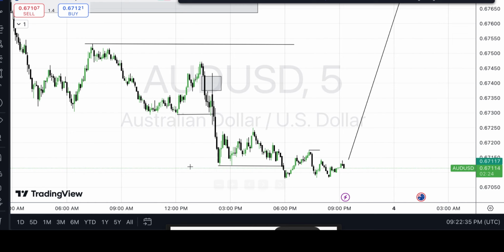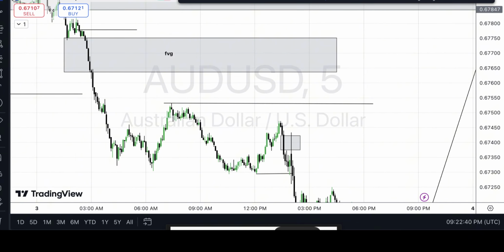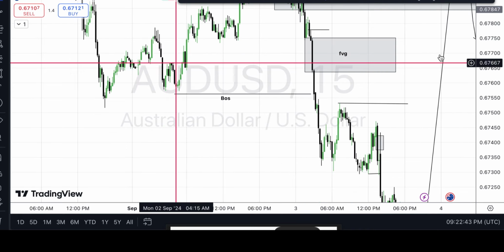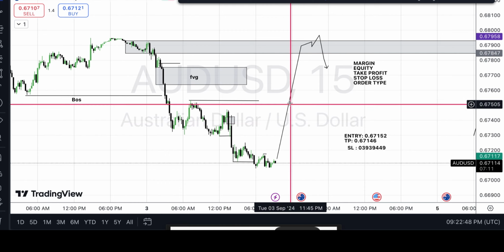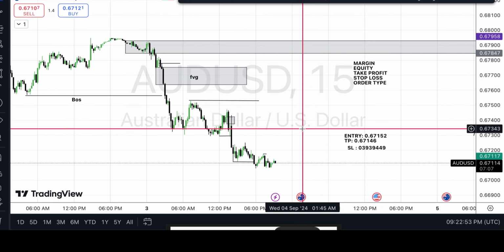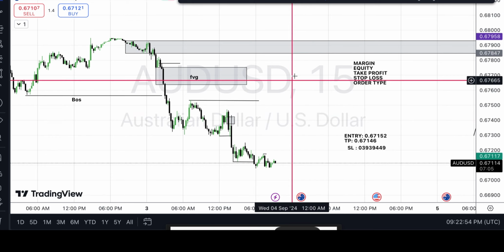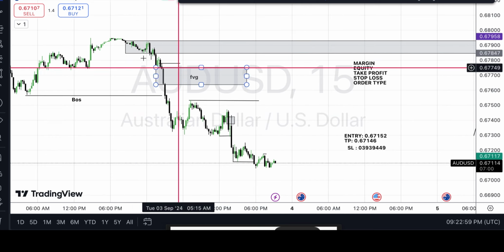So let's say, for example, like this one that I'm doing now, let me switch to my 15-minute time frame so you can have a better view of what I'm trying to say. Let me take this out. So let's say you see this zone that I've marked here. This is my order block.